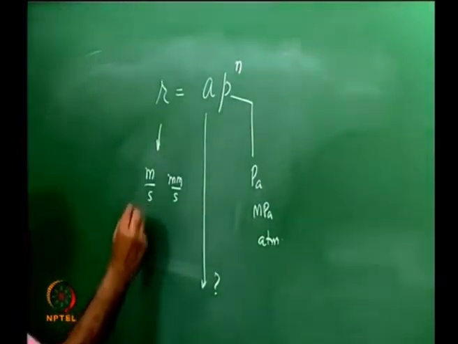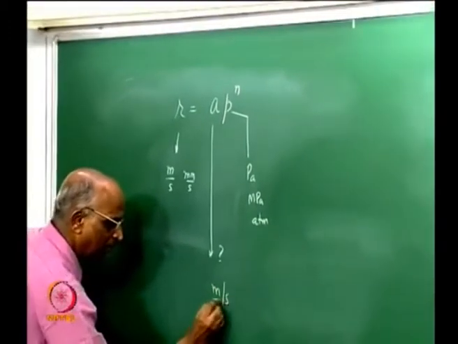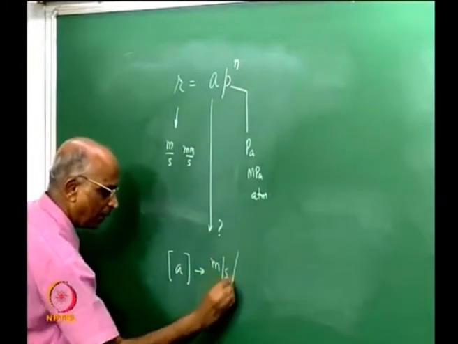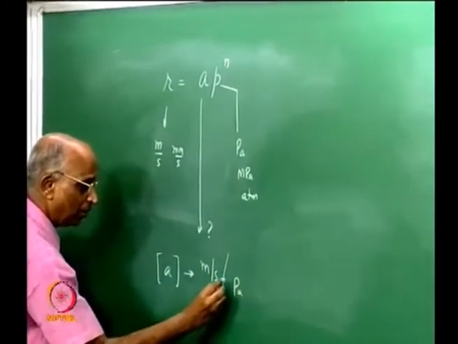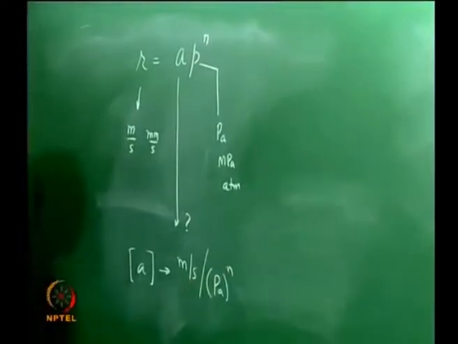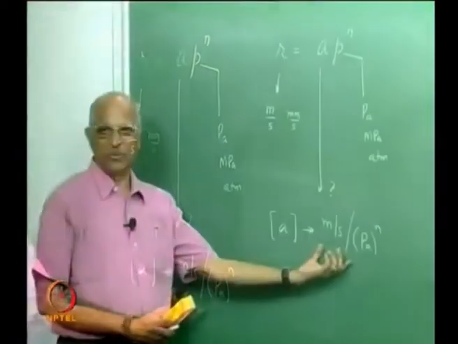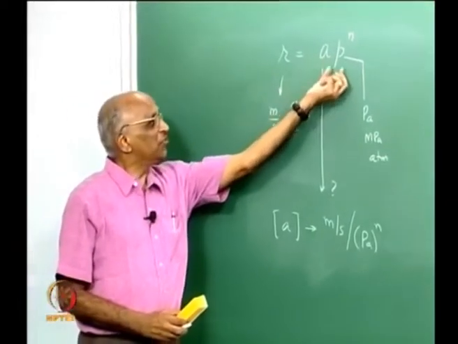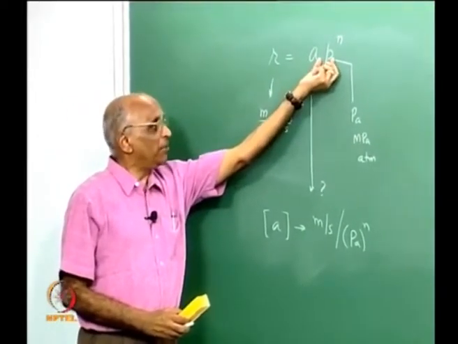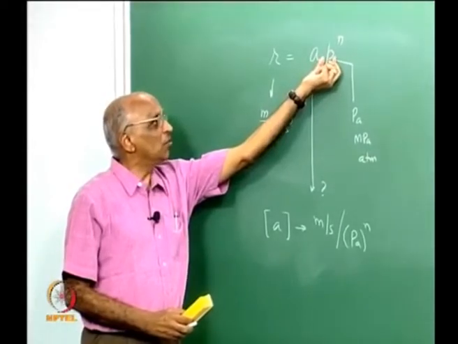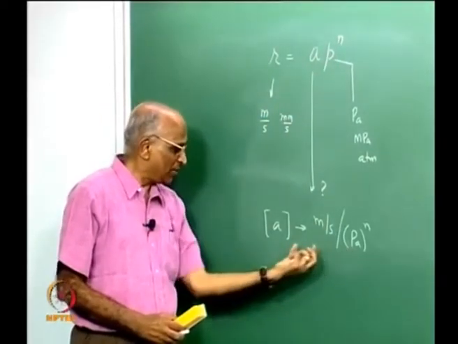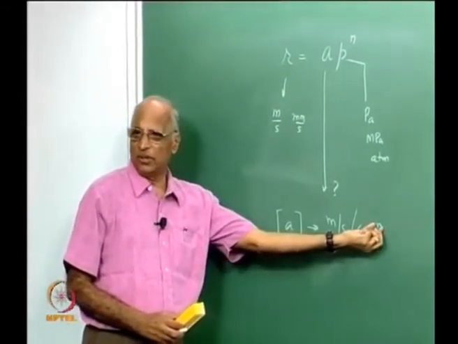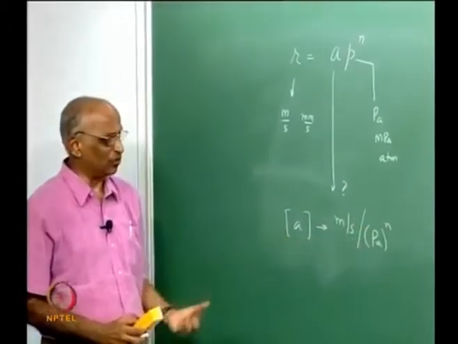It becomes something like meter per second divided by, let us say, Pascal, the fundamental unit, to the power n. And this is not a correct way of doing things: you have a unit for a constant which is a function of the units I use here, and I cannot say that my constant is so much meters per second to the power 0.3, 0.32 and all that. It becomes a little difficult to use.